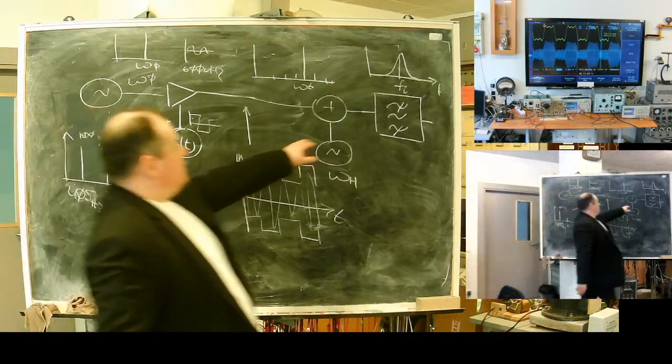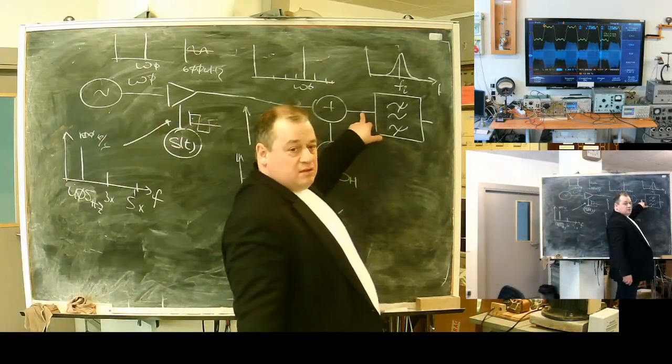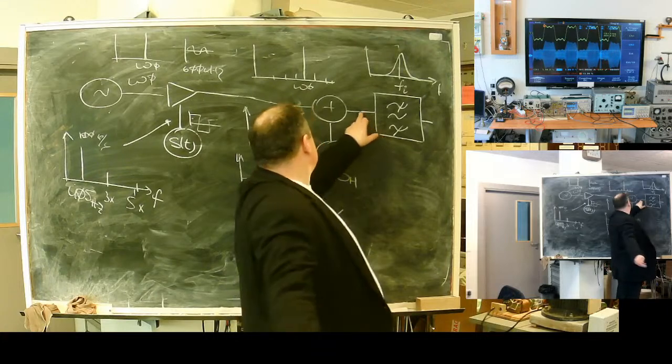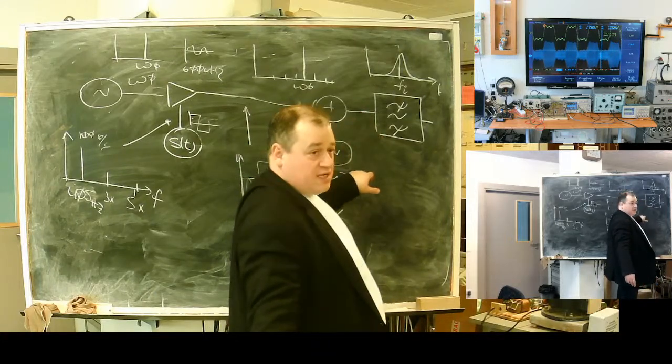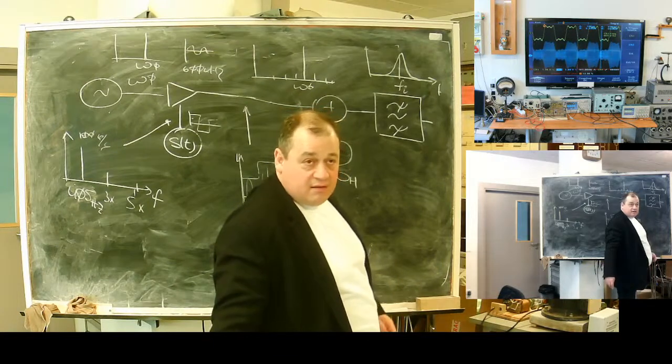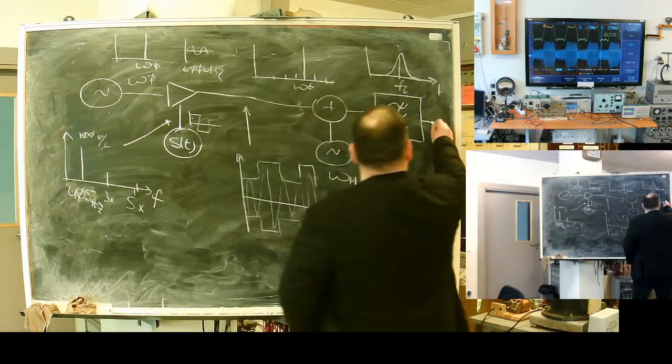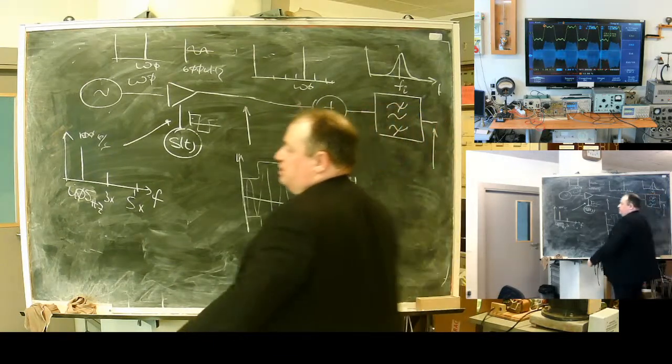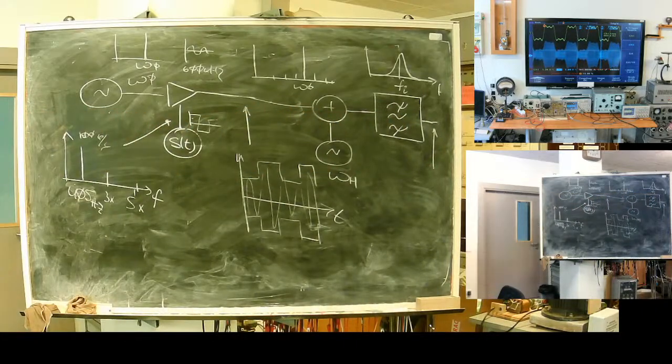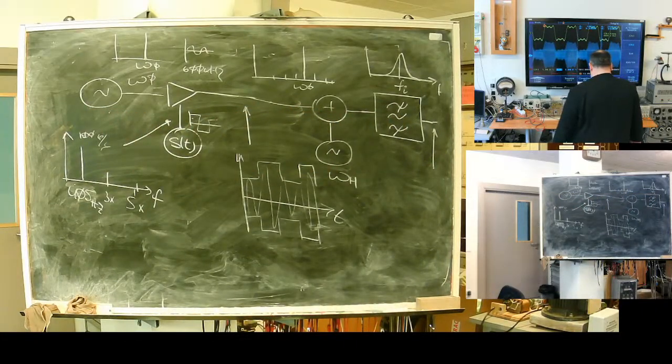Before the filter, the signal contains what? Omega 0, omega heterodyne, and the difference. At this point, what can I do? I can use this.